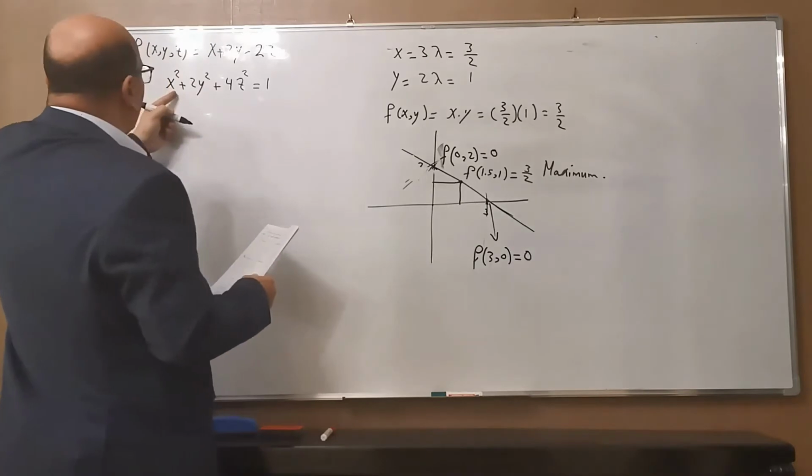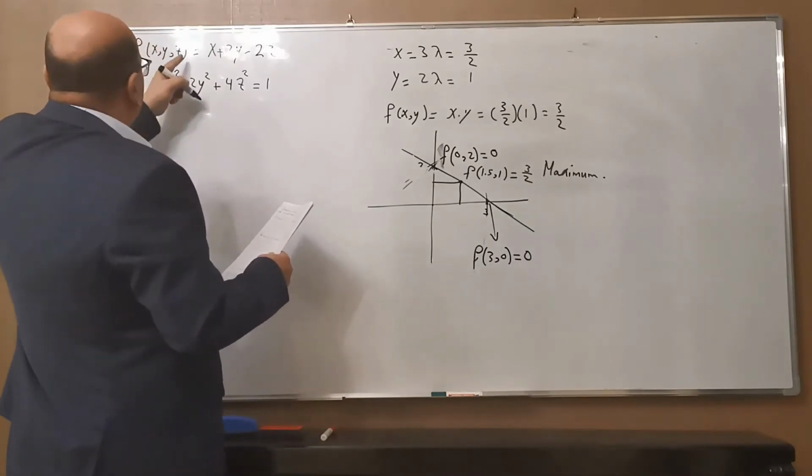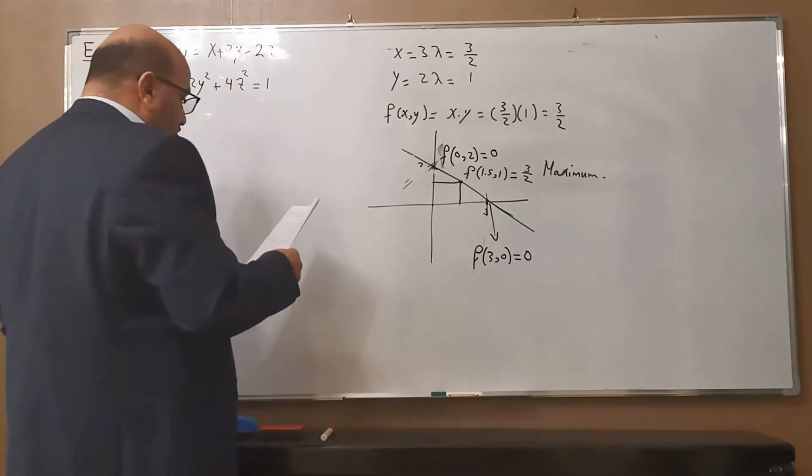So we have only one equality constraint, so we can apply the Lagrange multiplier.